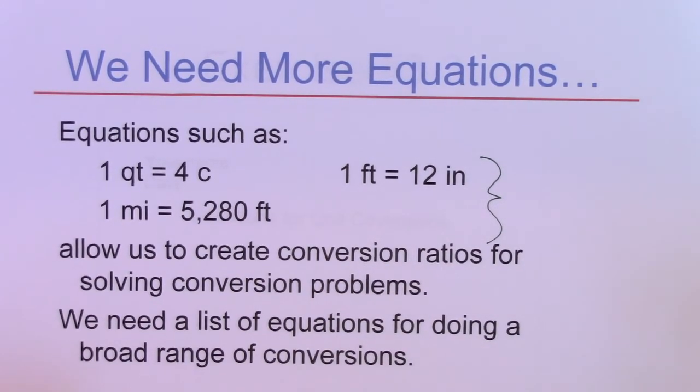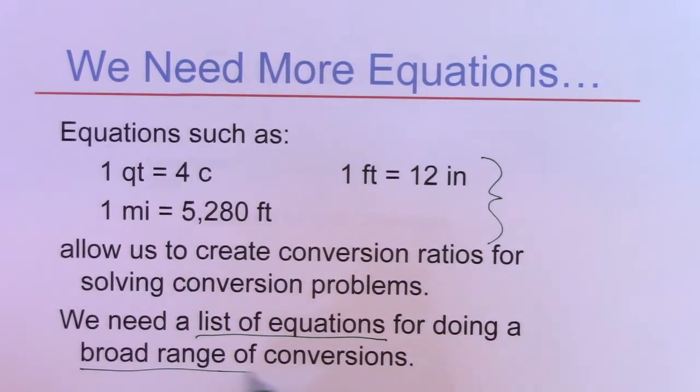And so we're going to try to build a list of equations that's relatively comprehensive, so we can do a broad range of conversions. And you should do this neatly, because you can use this list of equations throughout middle school, high school, even into college. You might want to type them up or whatever, because they're handy references for creating conversion ratios.